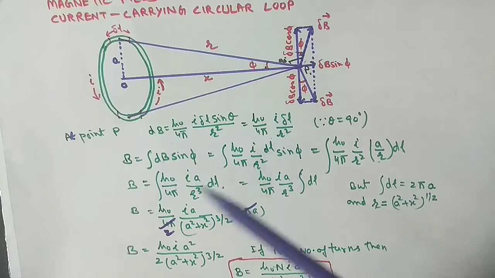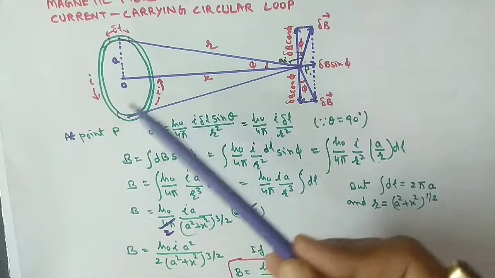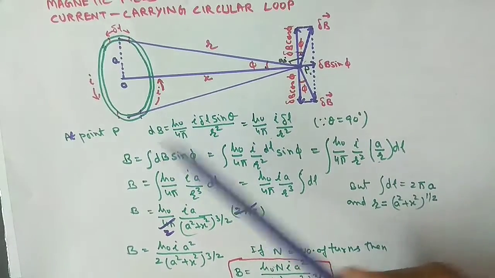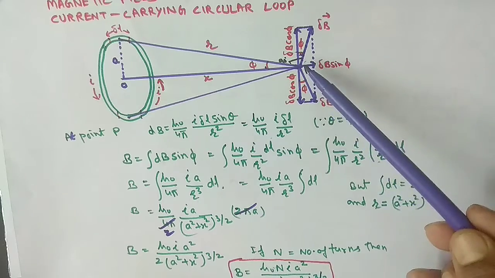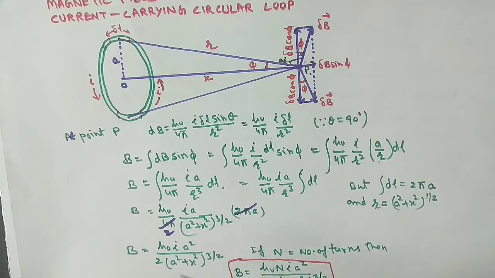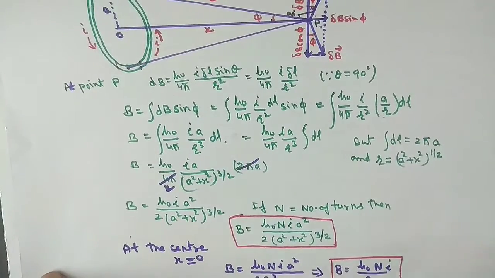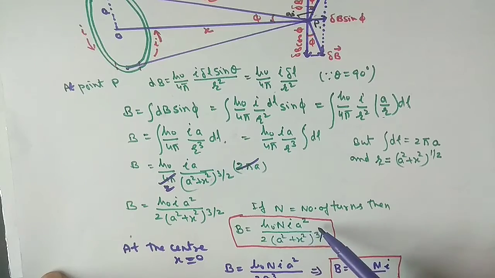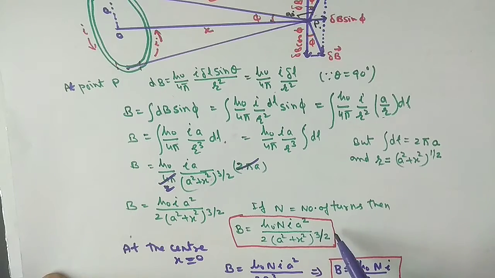And if there are a number of turns, capital N is the number of turns, every turn will give the effect at the point P and it will increase the magnetic field intensity. So just multiply in this formula by N, the number of turns. So you can write mu naught N I a square upon 2 times a square plus x square to the power 3 by 2.